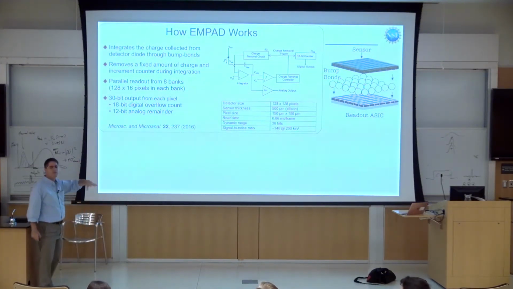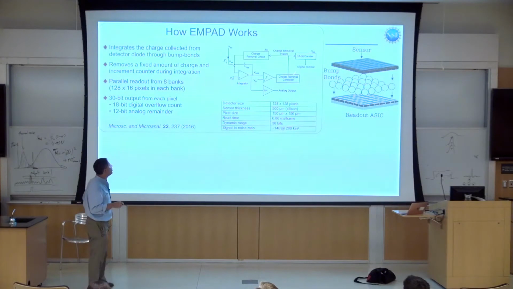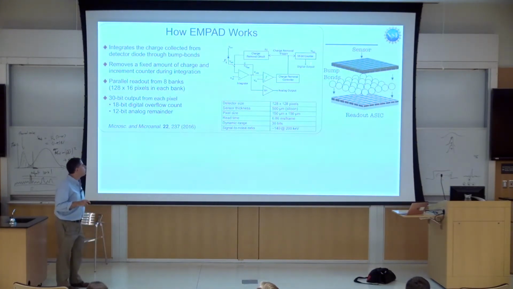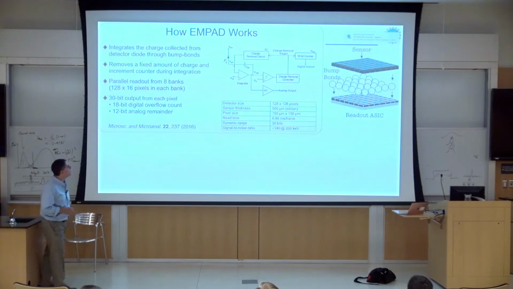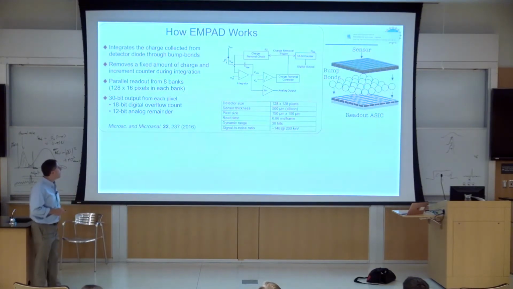And each of those counts might be, say, little scoops of 20 electrons each. And then we just keep counting those scoops. At the end of the cycle, we read out the counter and we digitize the remainder. So at the end of the cycle, we look at what's left in the bucket, and that we can digitize very, very quickly.